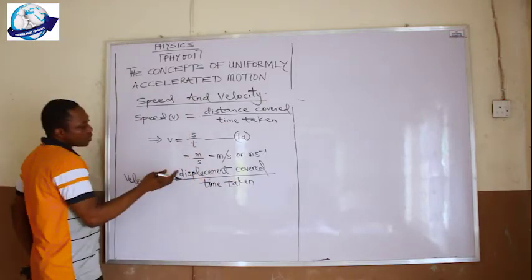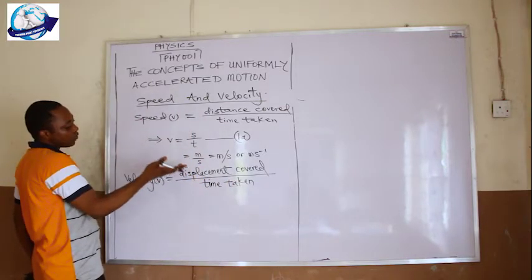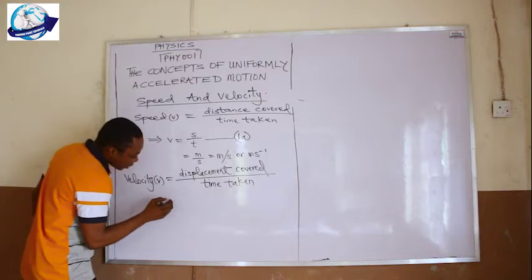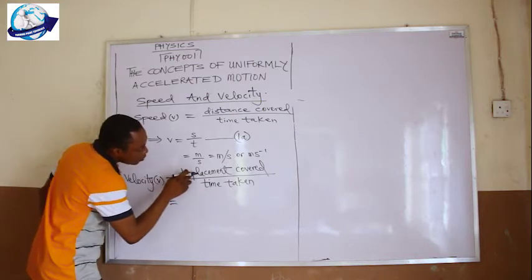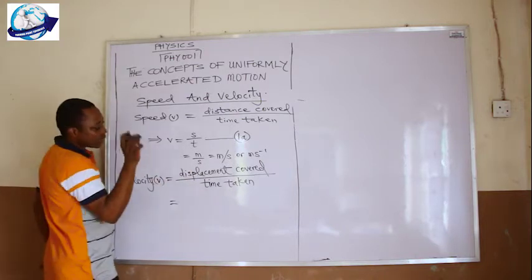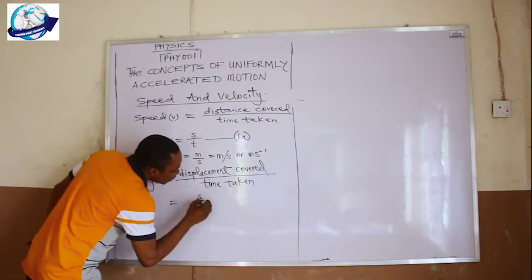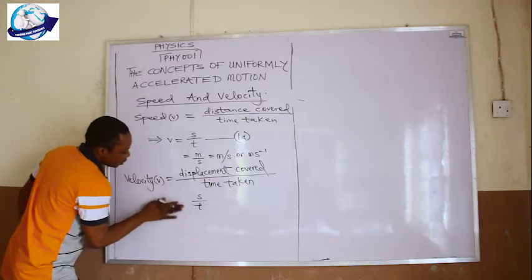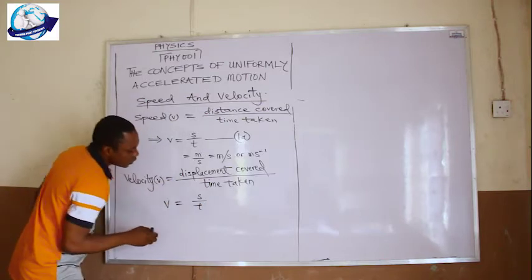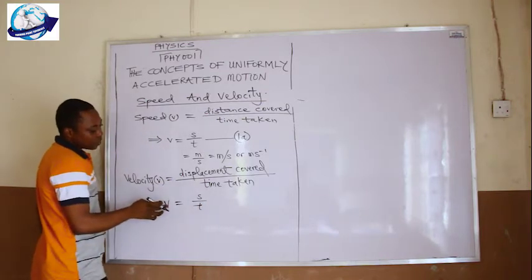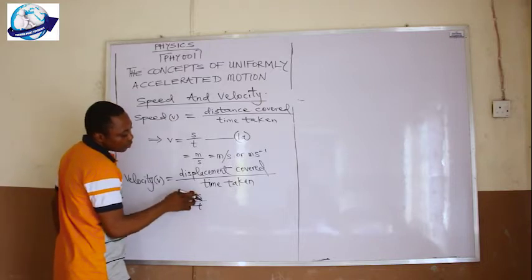Just this, it's not exactly what we have in the case of speed. We use small letter s to represent displacement, that means displacement s over time taken t. So velocity is equal to displacement s over t, that's displacement covered over time taken.